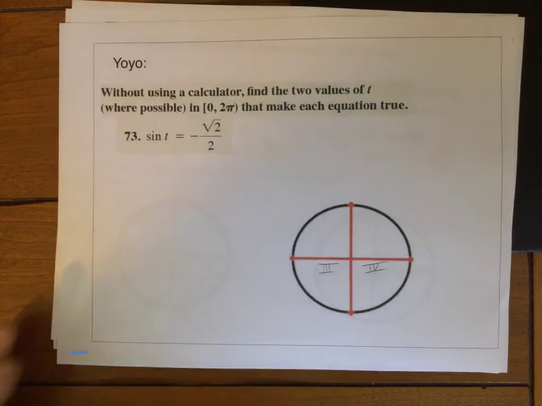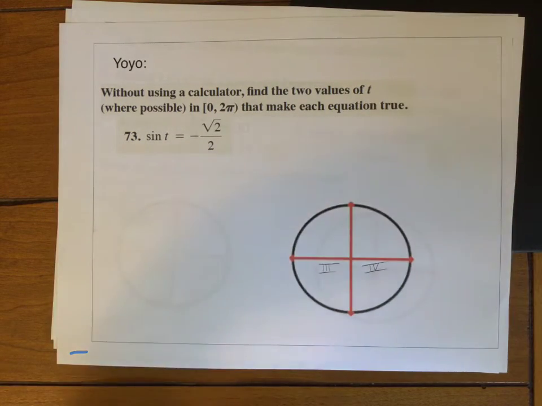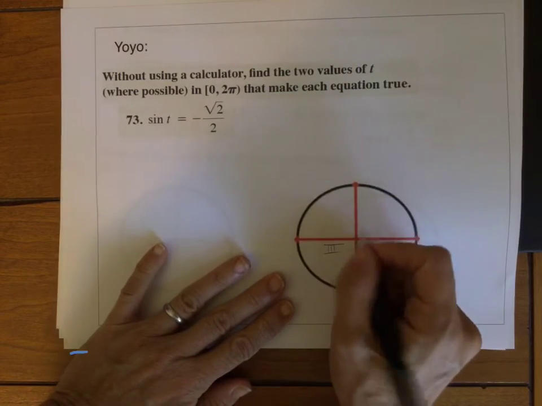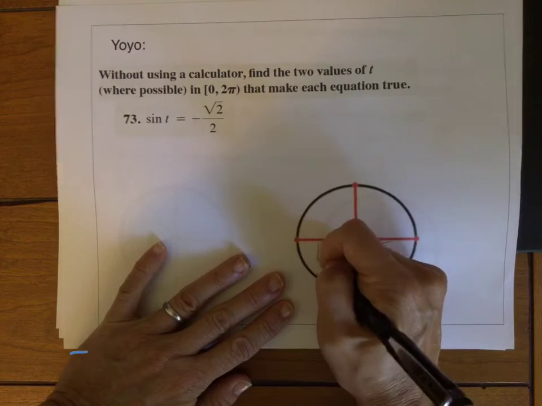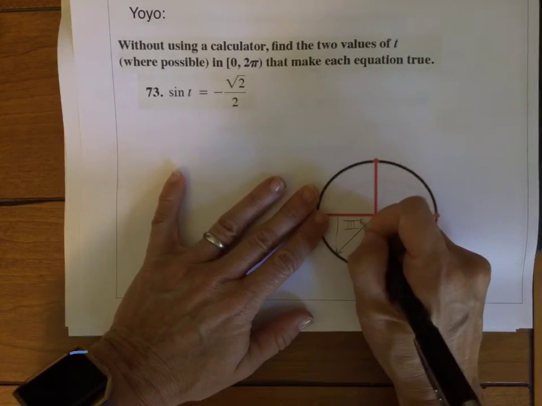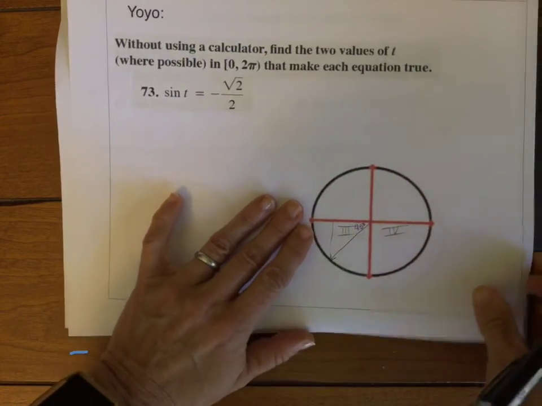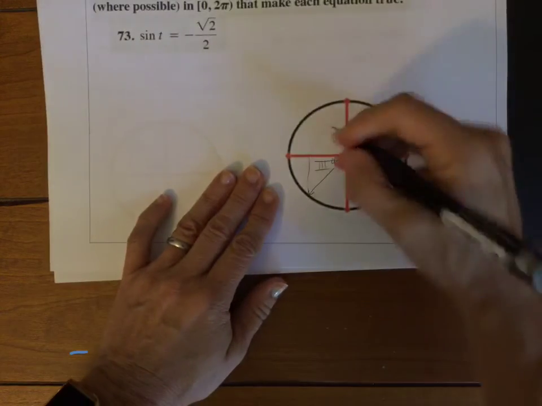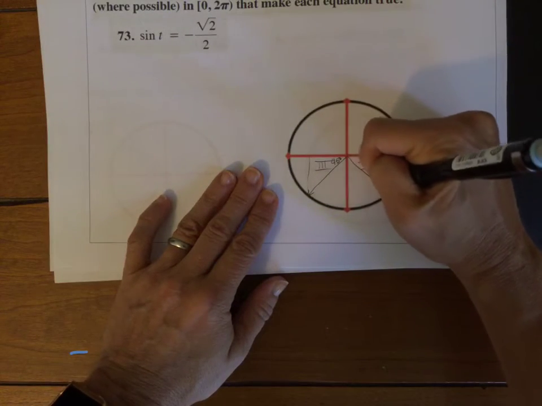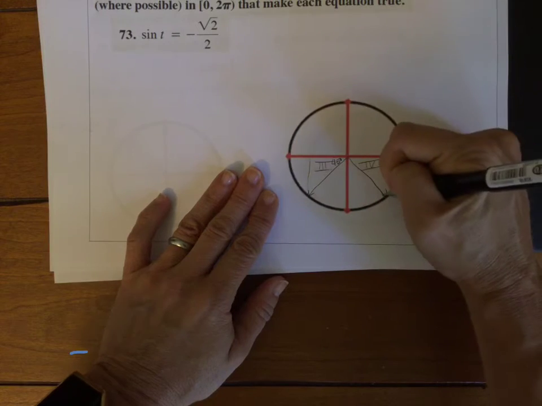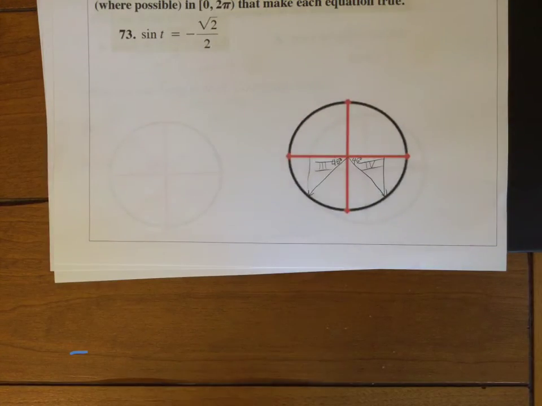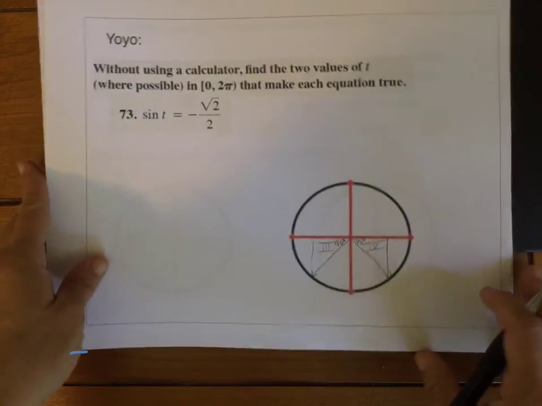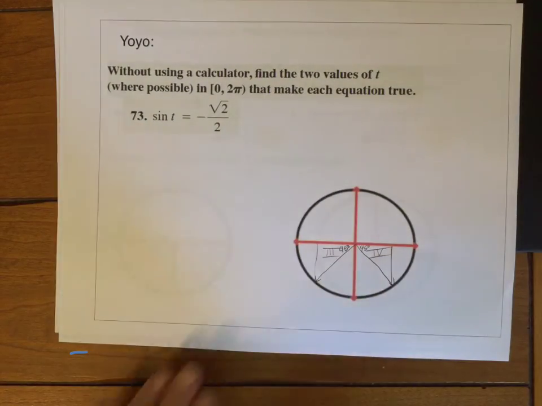Again, it's root 2 over 2, not 1/2 or root 3 over 2, so it has to be a 45, 45, 90 triangle. So I'm going to have one here where this reference angle is 45 degrees, and another one right here. If I draw my triangle in, this angle is 45 degrees, and we can use that to find the two angles that give us the value.